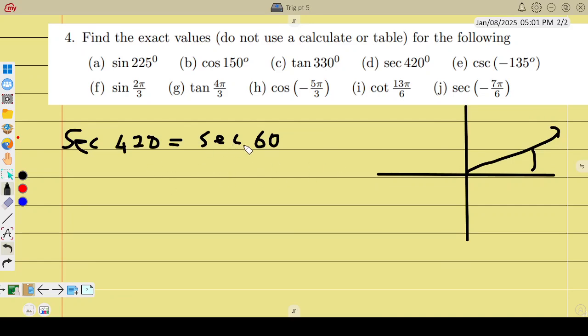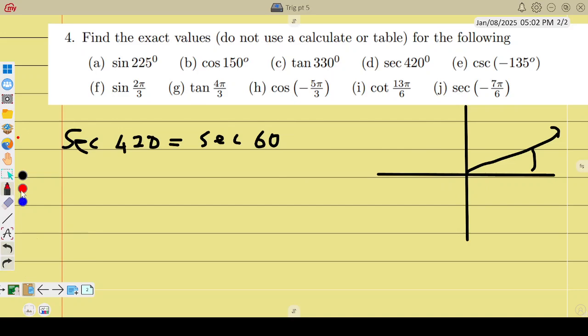So how do we find sec 60? What trigonometric ratio goes with sec? I gave you a help in observation: sec ends with C, cos starts with C. So they are related to each other.